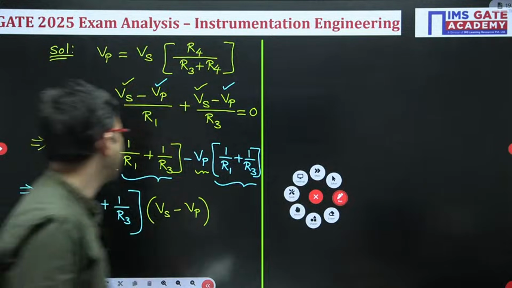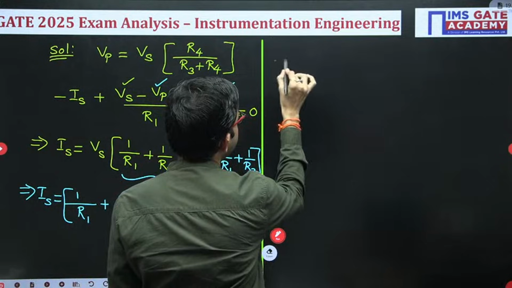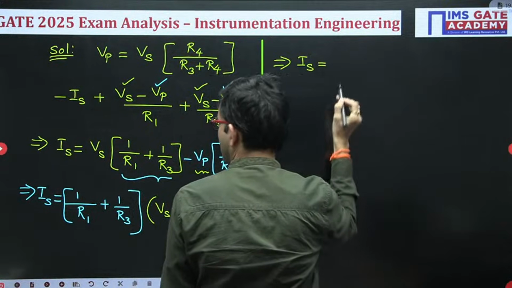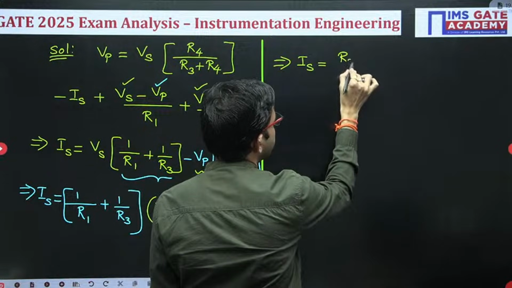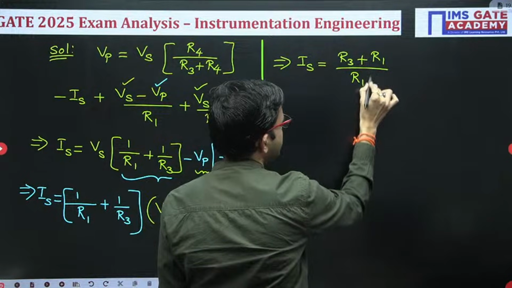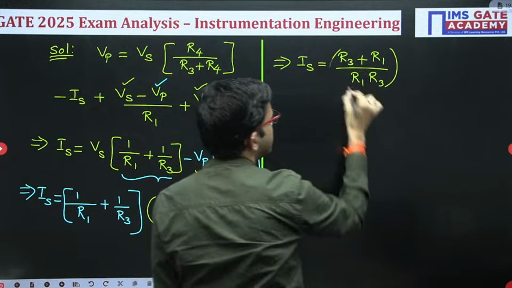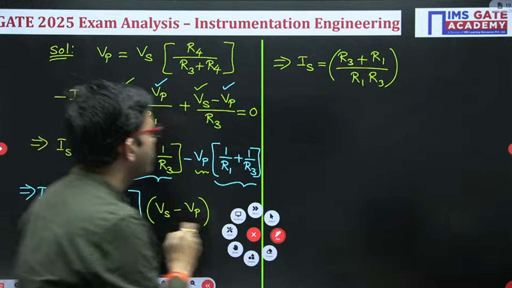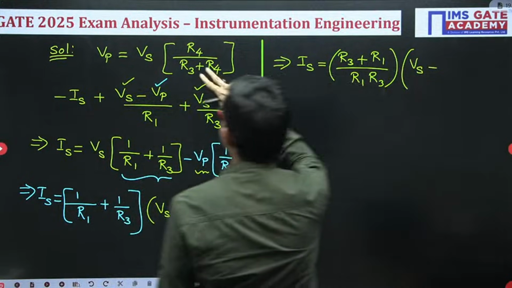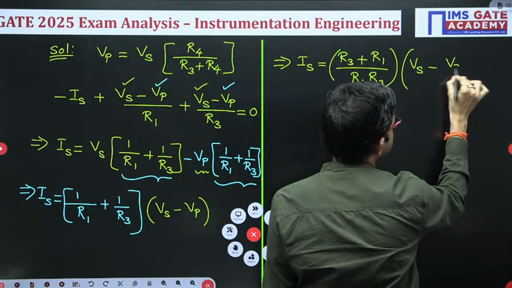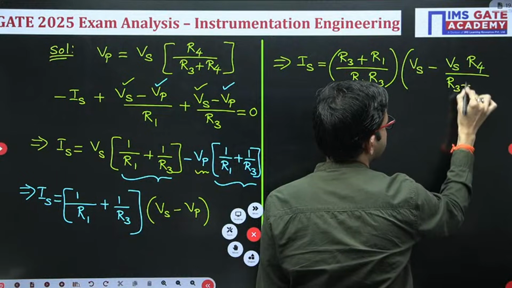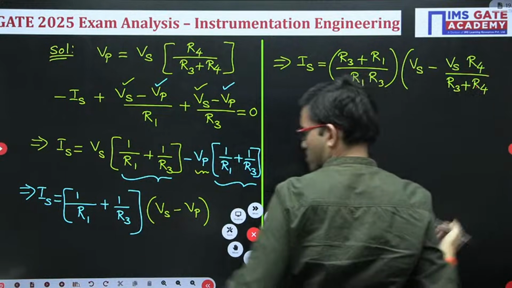Now you can substitute that here. So accordingly, we are getting Is equal to, you can do simplification. You get R3 plus R1 divided by R1 R3, into Vs minus Vp, where Vp is nothing but this expression. So you get Vs into R4 divided by R3 plus R4. Sorry, just 1 second.